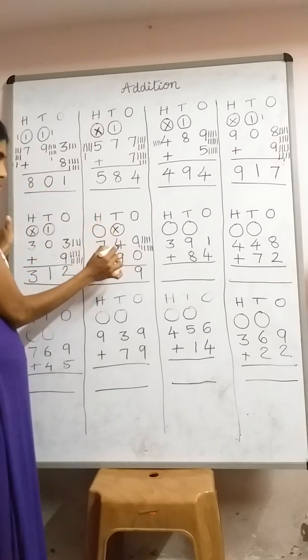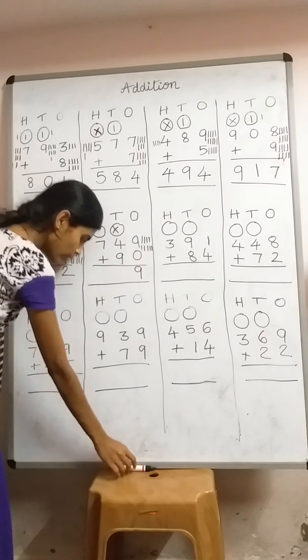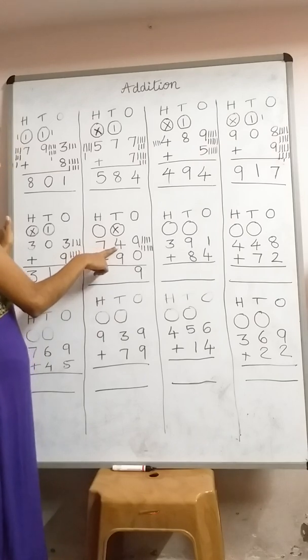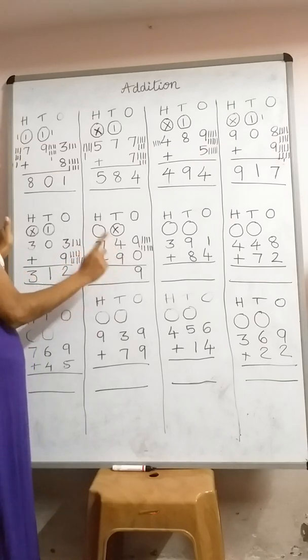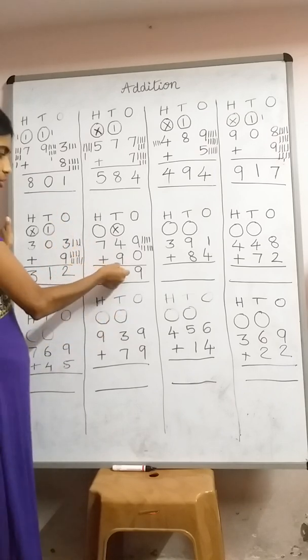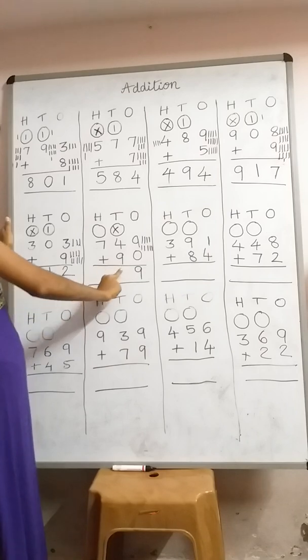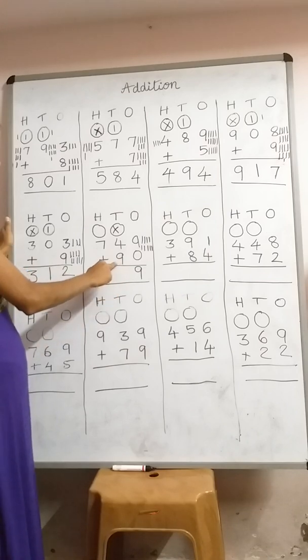Next, in the tens place, we have 4 and 9. So let's use our fingers to count. Yes, surely we'll use our fingers now. 4 with 9. So how many fingers do you need to open, children? I always said, you should open the number which is at the bottom. So which number is at the bottom here? 9 is at the bottom.